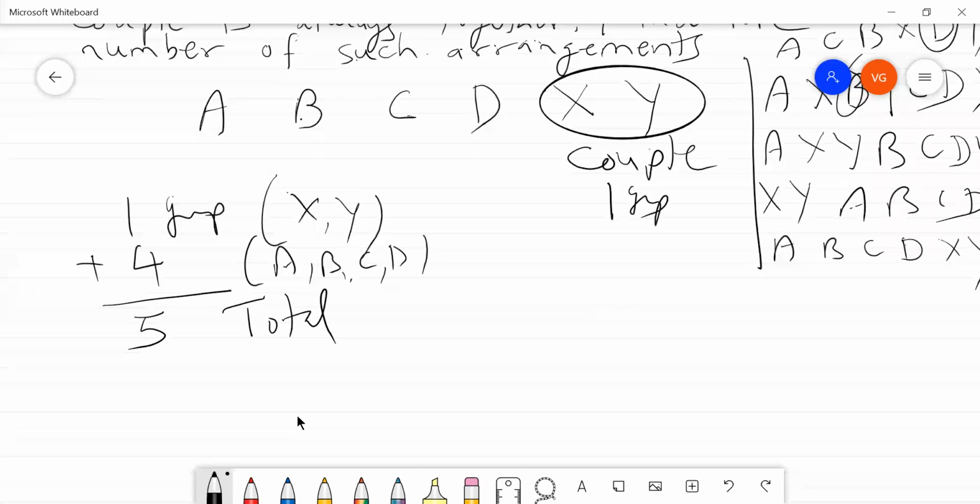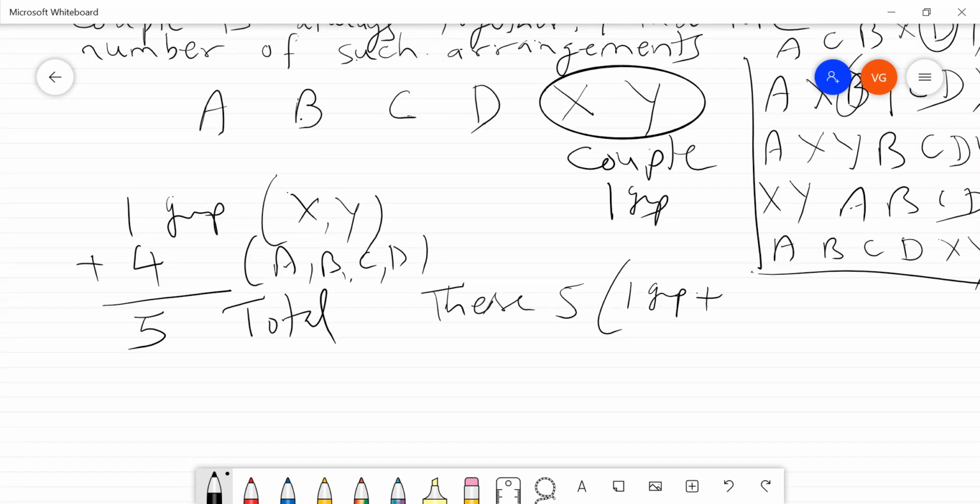They can be arranged in how many different ways? So these 5 can be arranged. These 5 मतलब क्या क्या? One group plus 4 individual, है ना? These 5 can be arranged in how many different ways?